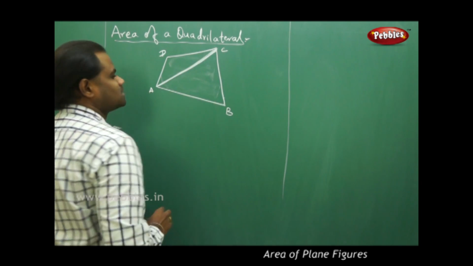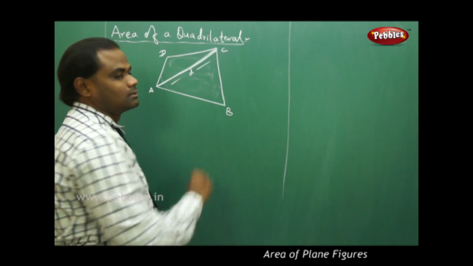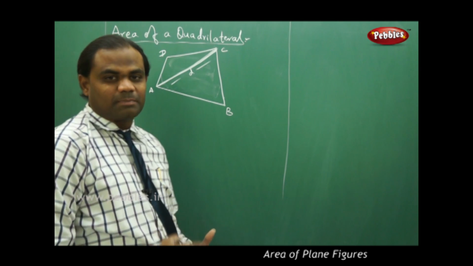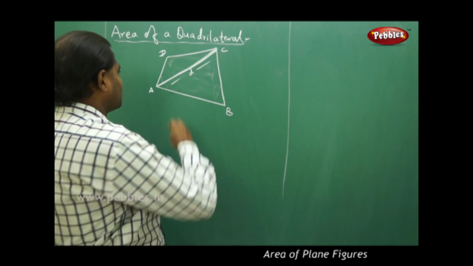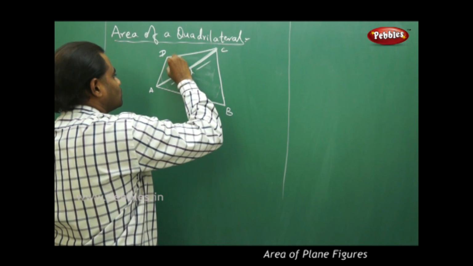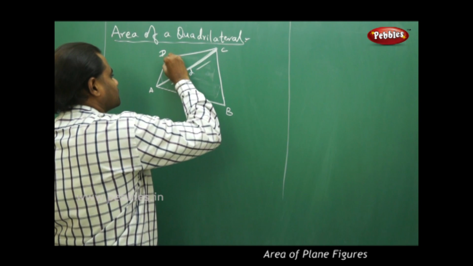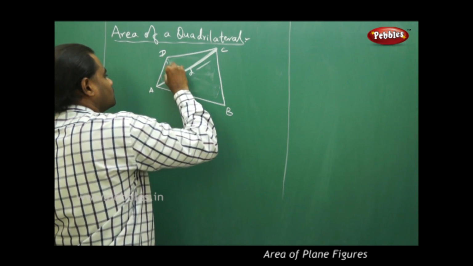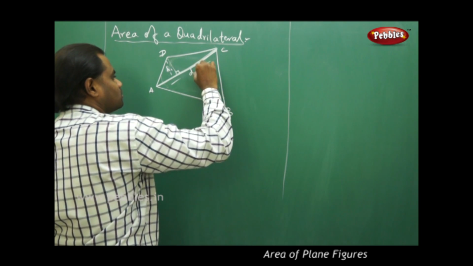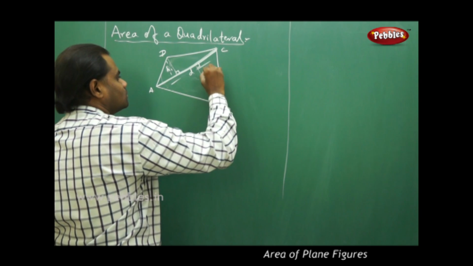From A to C. So let me mark the diagonal AC as D. If this is the specific diagonal I consider in this quadrilateral, then its respective heights, the perpendicular dropped from D to the diagonal, is taken as H1, and the perpendicular dropped from B to the diagonal is taken as H2.